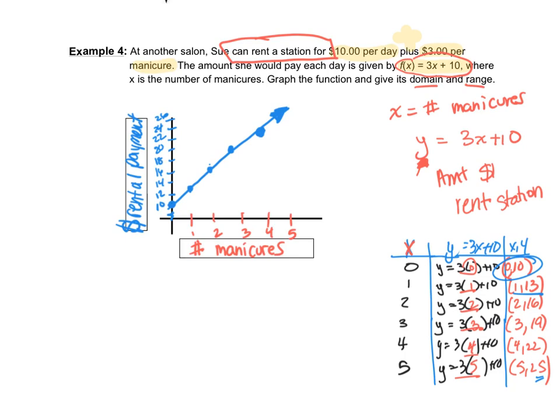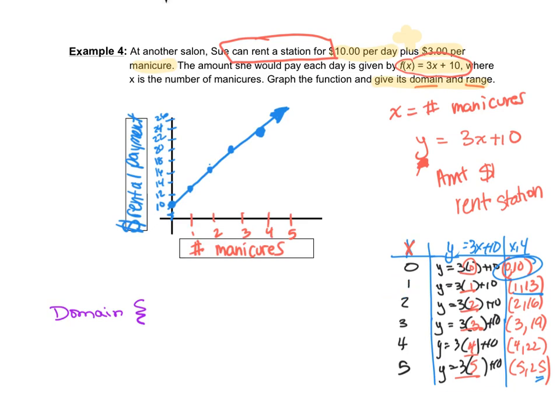Now, the other question, remember, make sure you answer the entire question. Give its domain and range. Remember how to write that. The domain included all of the whole numbers, right? 0, 1, 2, 3, 4, 5.